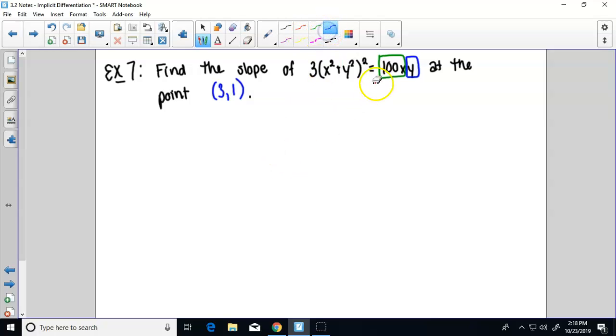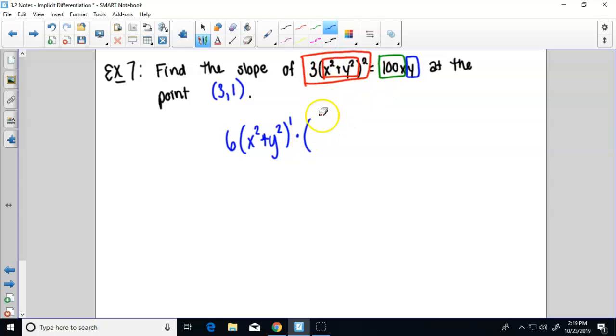But you've got an x and a y there, so you've got to use a product rule on that right-hand side. So chain rule over here: the outside function is 3 something squared, and then your inside function is x squared plus y squared. So when we take that derivative, we'll have 6 times (x squared plus y squared) to the first power times, and then you want to put parentheses around your derivative here.